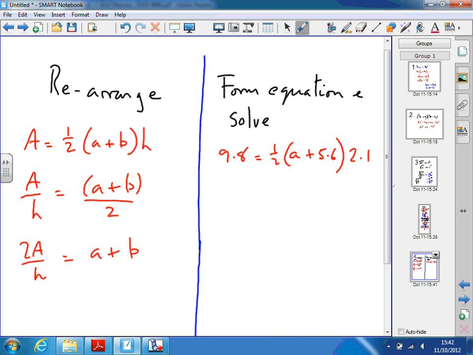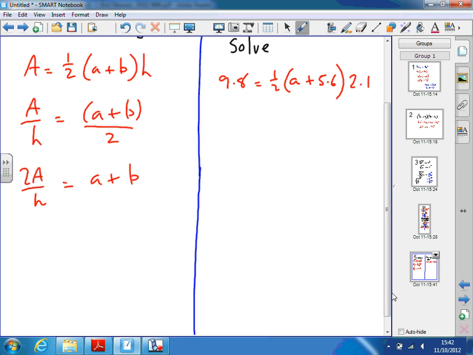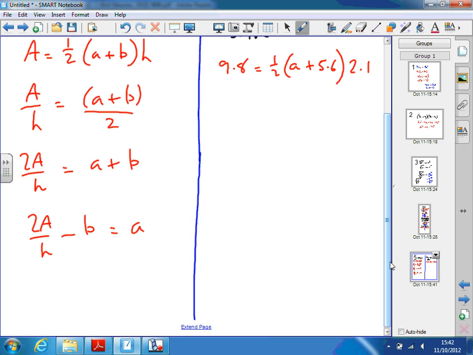And finally, what are we after? a. Well, no, leave the a there and move the b over, yeah. So 2A over h minus b equals a. And then we normally write it the other way around because that's traditional. So a equals 2A over h minus b.